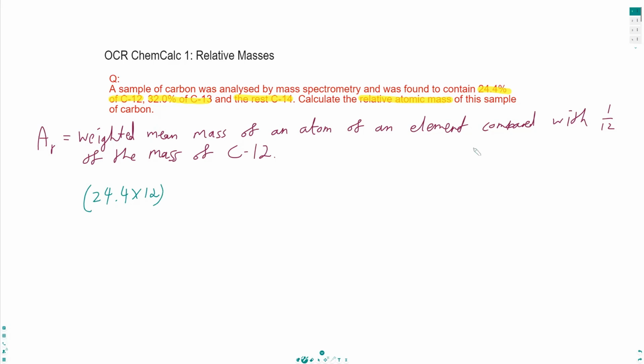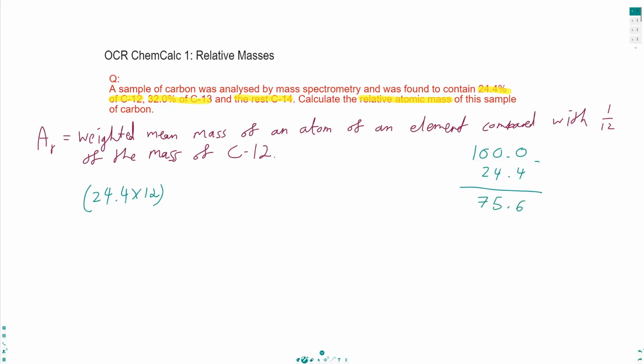So you would do 100 minus 24.4. If you do that on your calculator, 100.0 minus 24.4 gives you an answer of 75.6.